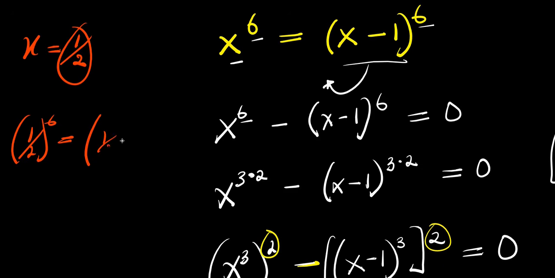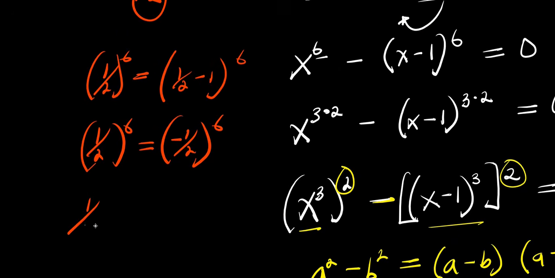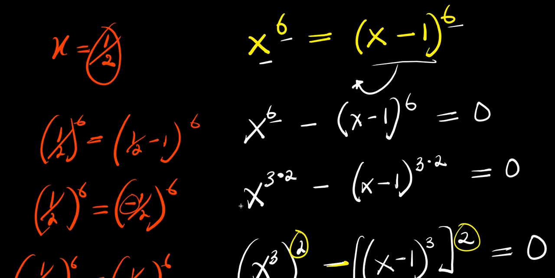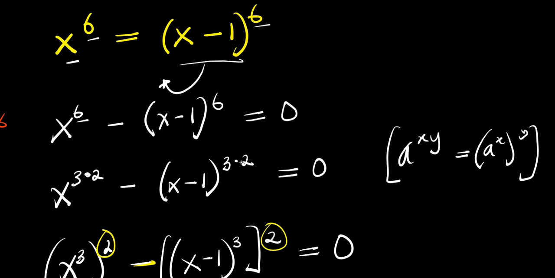This is (−1/2)^6. Negative to the power of 6 is positive, so you have (1/2)^6 equals (1/2)^6, because this raised to the power of an even number is positive. So that is why that has satisfied the equation, and the rest are complex values, so you might not actually verify those ones here. So that is it.